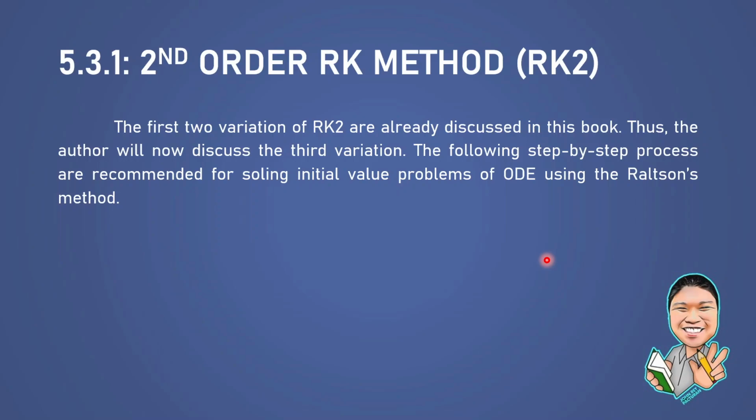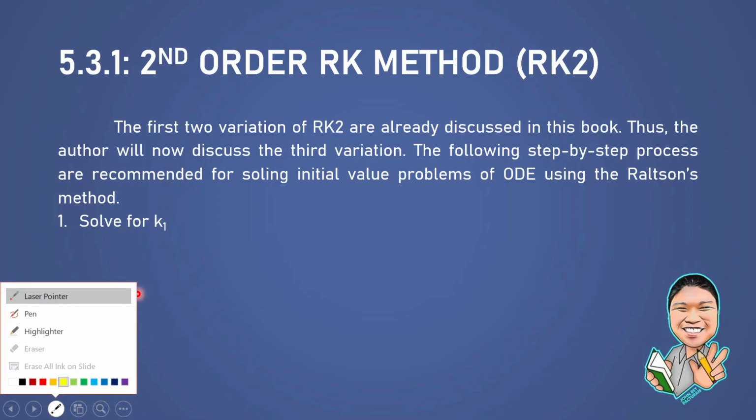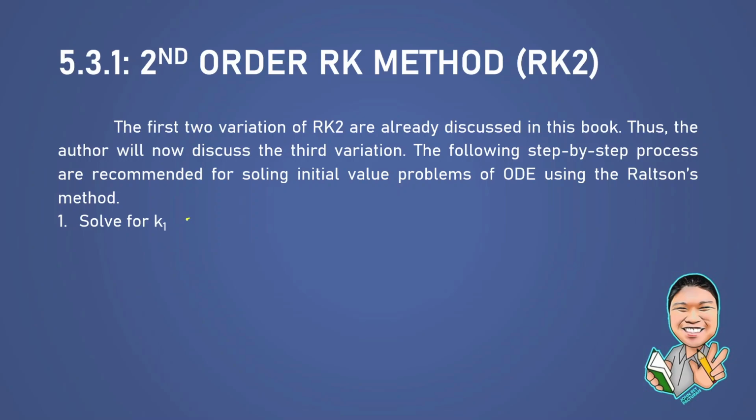So, ito lang siya. Yung unang step is isolve muna natin class yung value ng K1. Again, na-discuss na sa part 1 yung formula ng Ralston's method. Kaya yung K1, di ba nga, equal yun sa ilan class? That is equal to simply f of x sub n, y sub n.